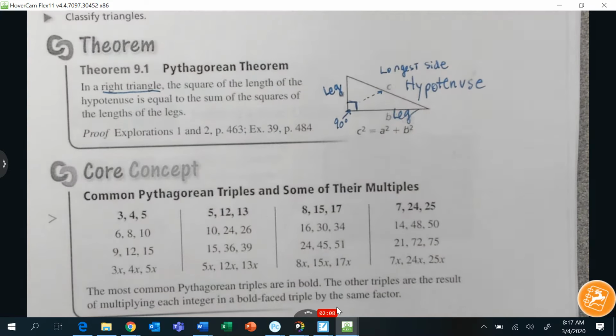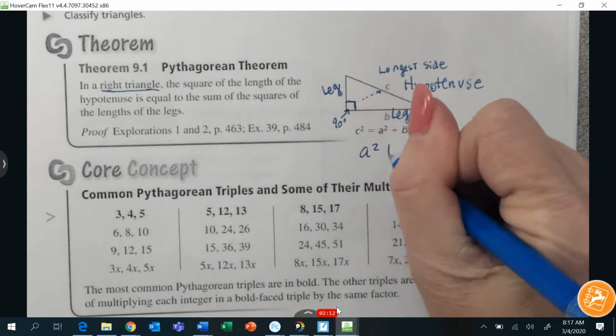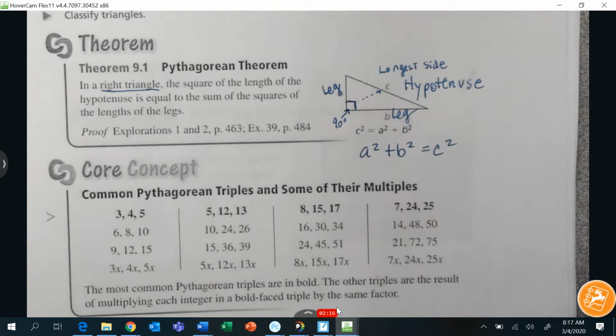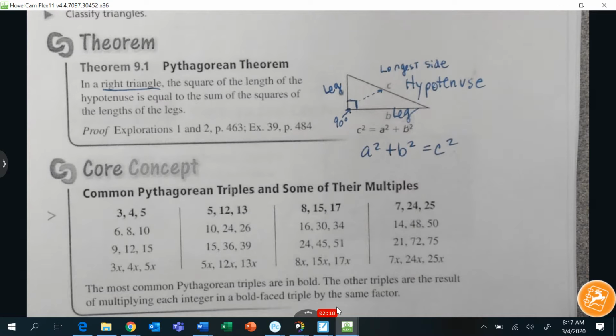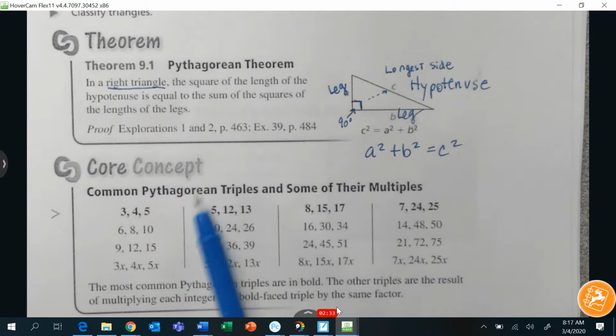And then the Pythagorean theorem, this always is true, that a squared plus b squared equals c squared. This will always be true if it's a right triangle. Now, a lot of times, the numbers that get squared and equal the other number squared are nice integers.